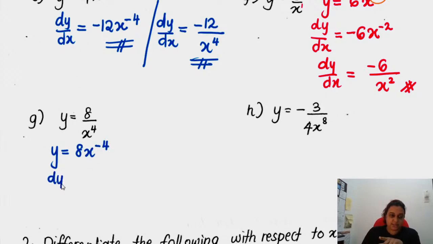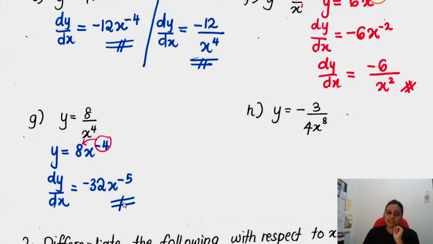From here, you differentiate to get dy/dx. So you will get negative 4 multiplied with 8, you will get negative 32. Negative 4 minus 1, you get negative 5. So I'm going to leave the answer as this. But if you're going to change it to positive, bring the x to the denominator place.